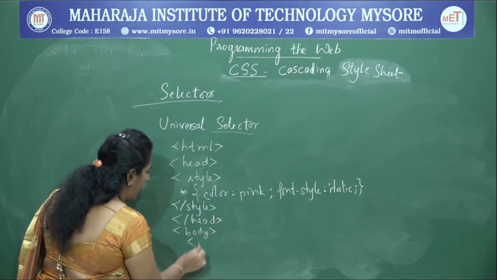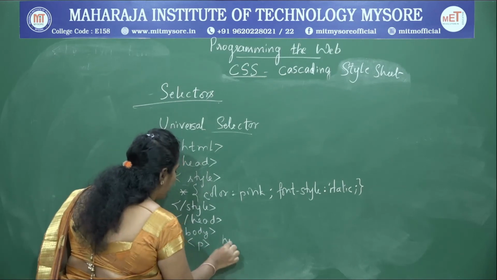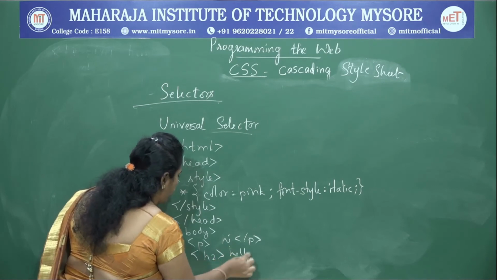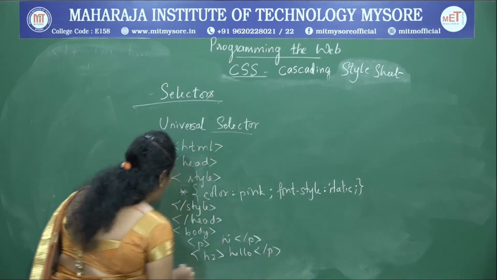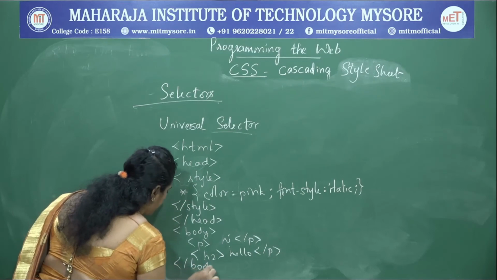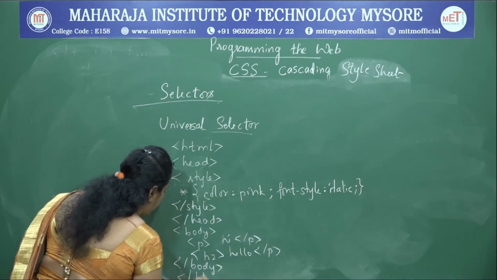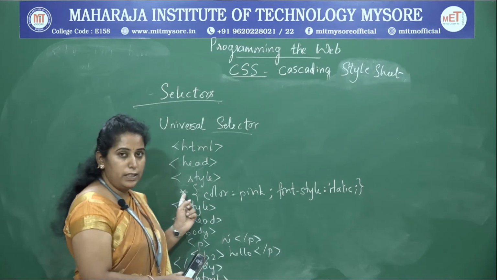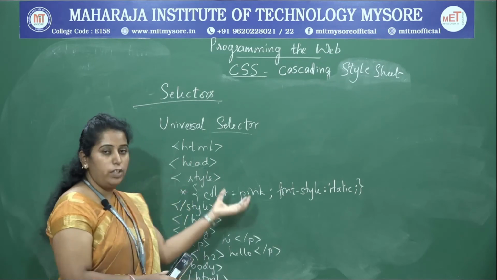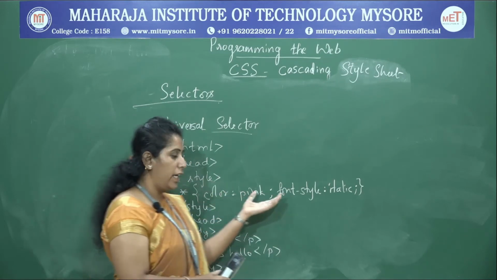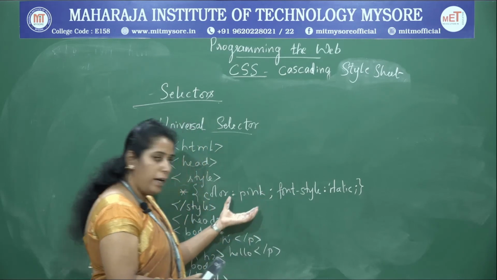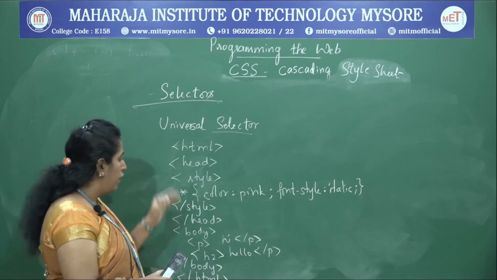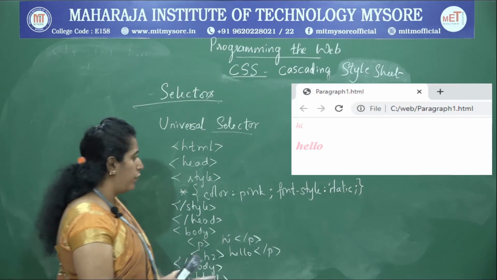Now I have given a paragraph tag, hi. Then H2 tag, hello. So finally close body, also close HTML. Now what happens? You are using the universal selector, right? So whatever style rule you have set will be applied to all the elements present in the body tag. You can run this program.